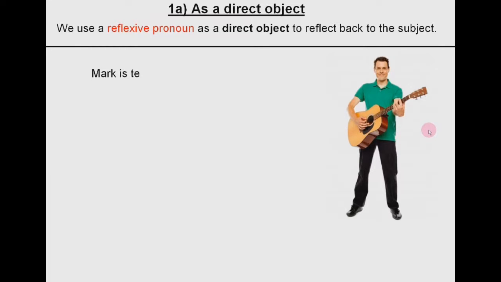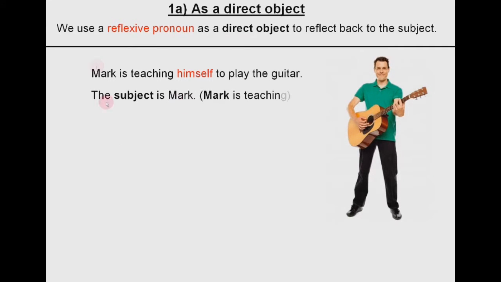Example: Mark is teaching himself to play the guitar. So the subject is Mark, because it is Mark who is teaching, and the object is also Mark. Mark is teaching Mark.